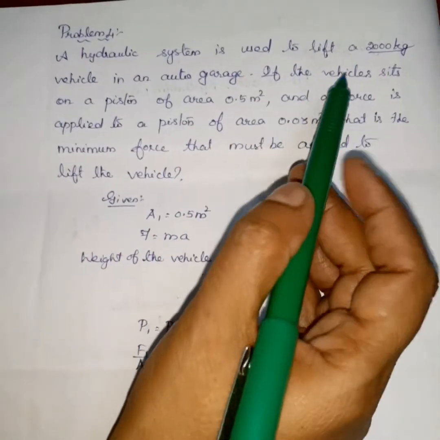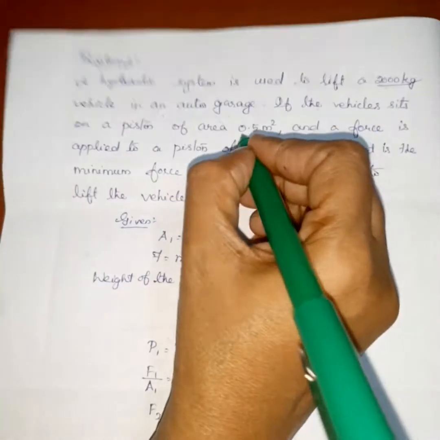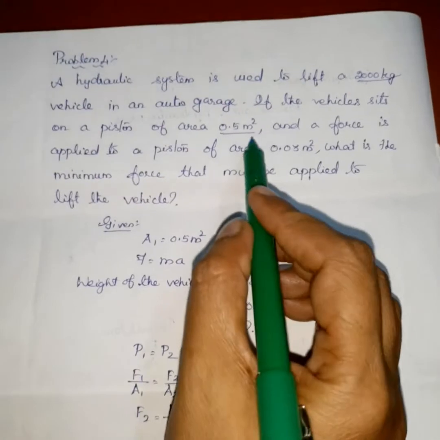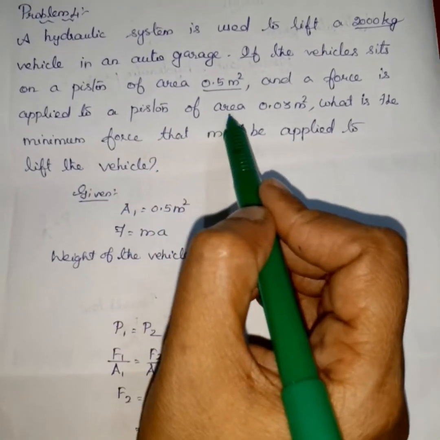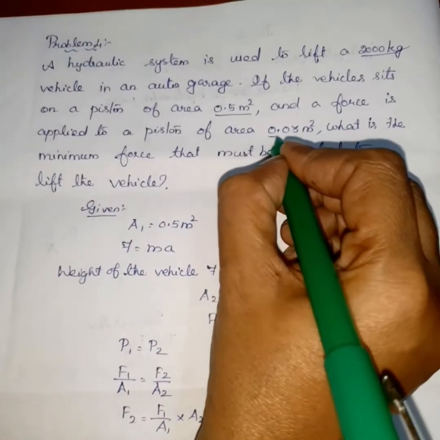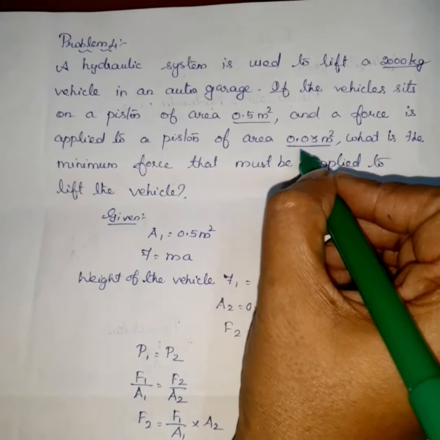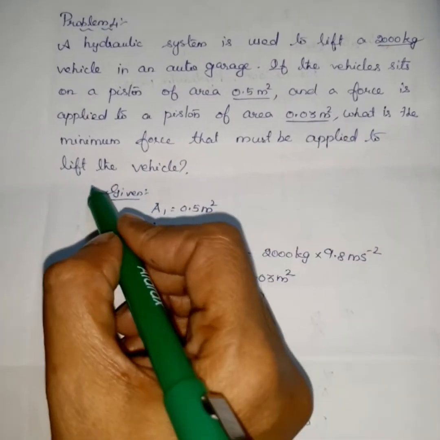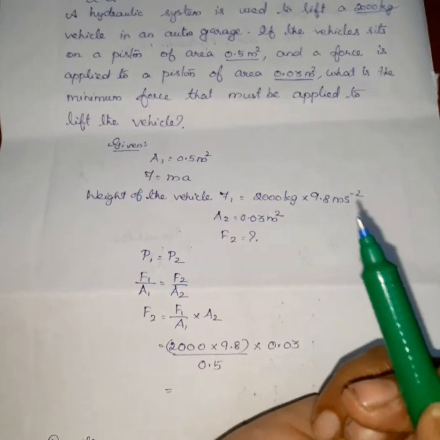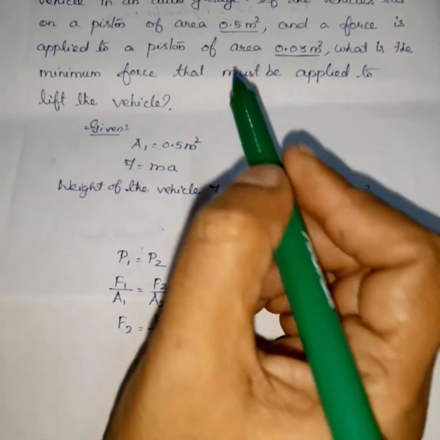If the vehicle sits on a piston of area 0.5 meters square and a force is applied to the piston of area 0.03 meters square, what is the minimum force that must be applied to lift the vehicle? So what do you find out? F2 is to be found out. Okay. So F1 is already given.